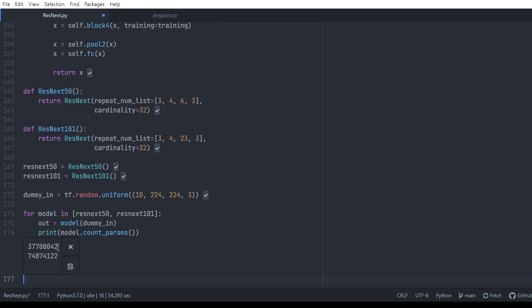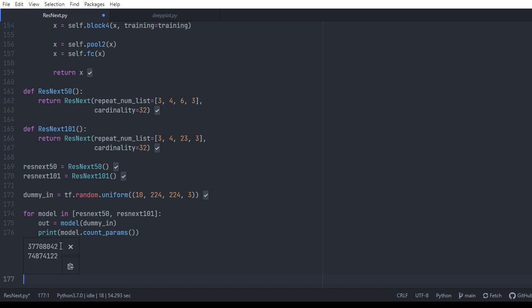I'm not sure, but I think that's also one of the major reasons why ResNext really did well, because with a lower number of parameters, it could outperform a Resnet with at least the same number of parameters, as it had a high accuracy, even when taking into account a smaller model with a lower number of parameters.